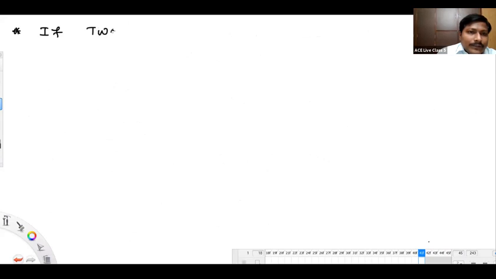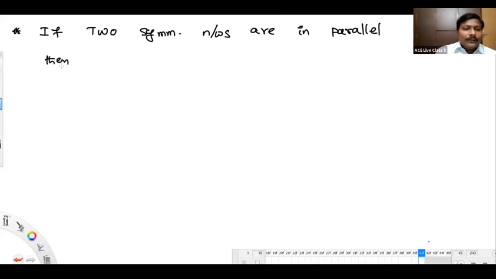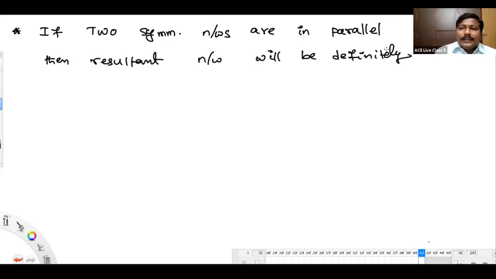If two symmetrical networks are in parallel, then the resultant network will be definitely symmetrical.